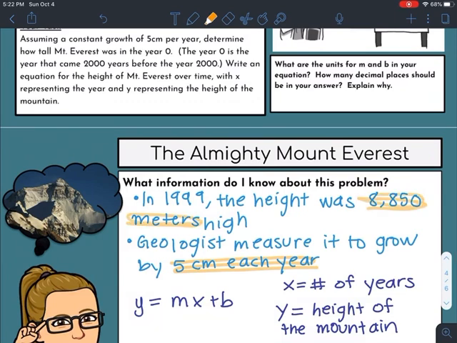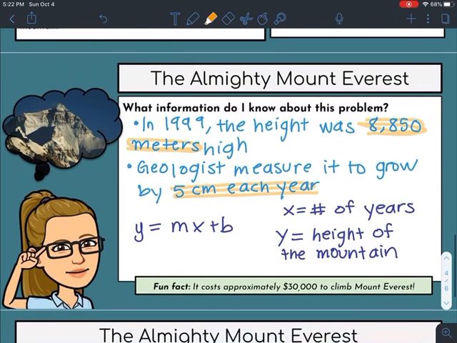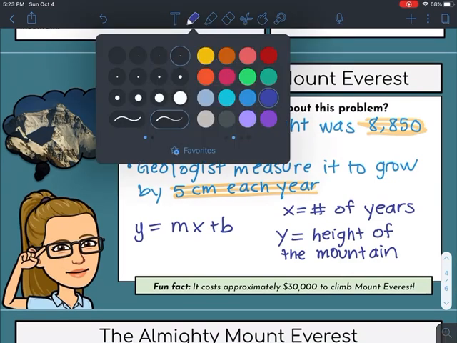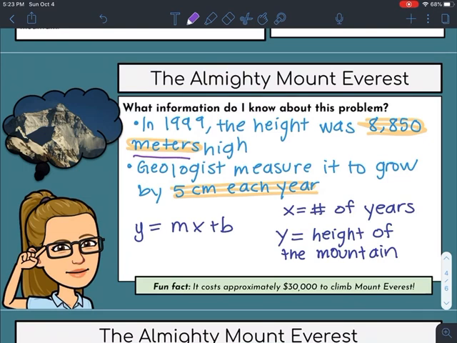So we do have a discrepancy in the measurements where we're comparing meters to centimeters. So we probably need to convert centimeters to meters. In this case, 5 centimeters equals 0.05 meters.